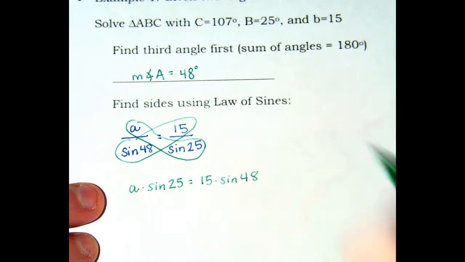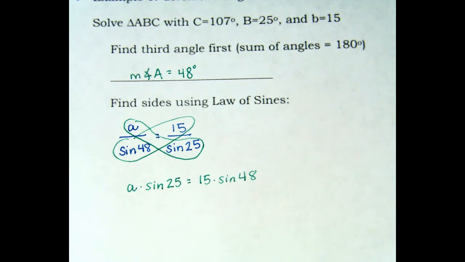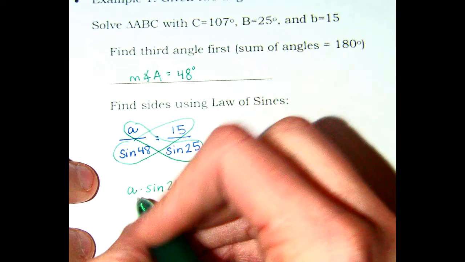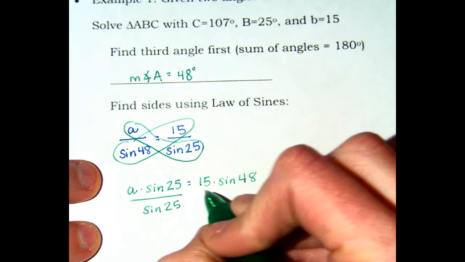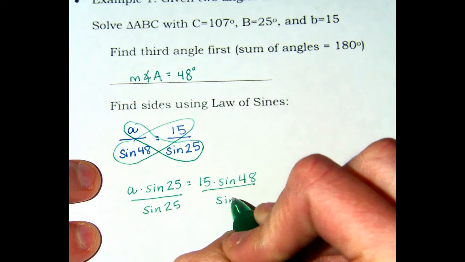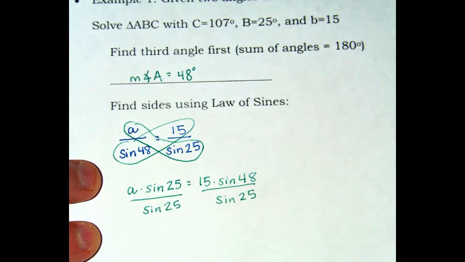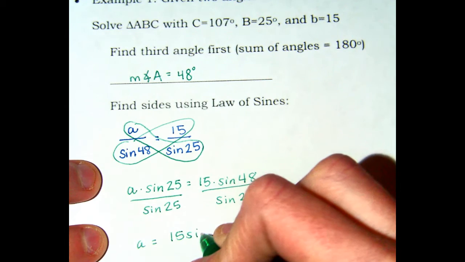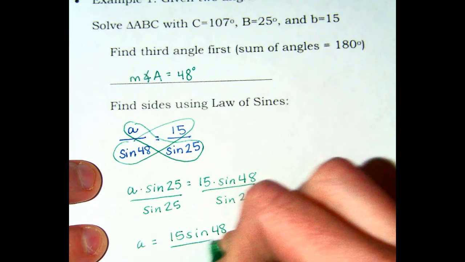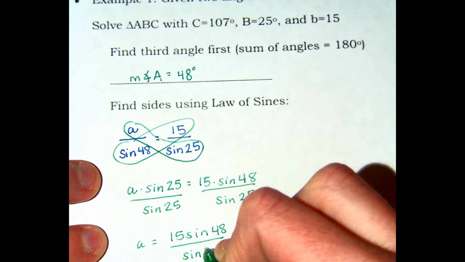You do not need to type anything in until you get A by itself. Divide by the sine of 25. So, A equals 15 sine of 48 divided by sine of 25.